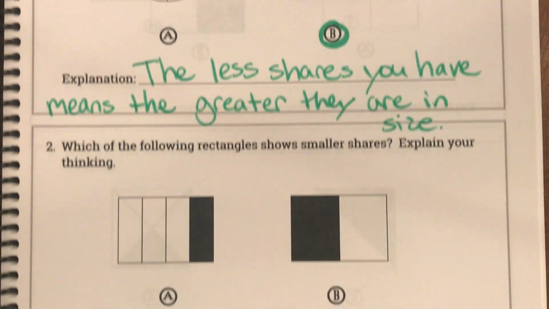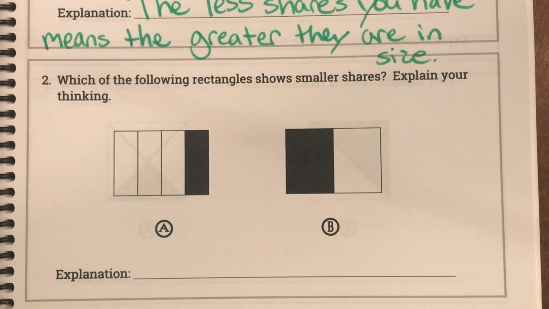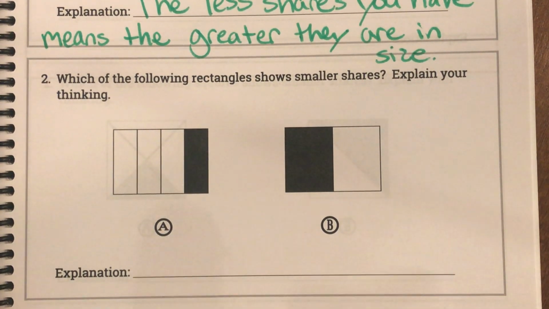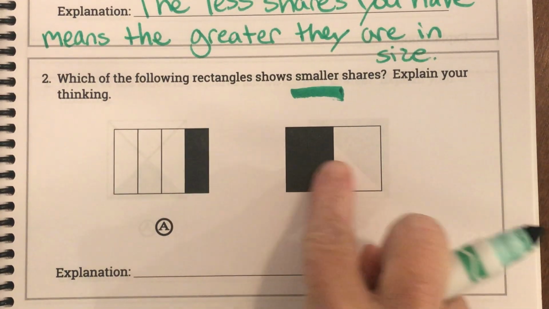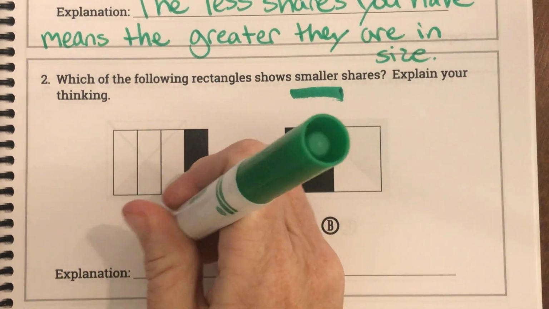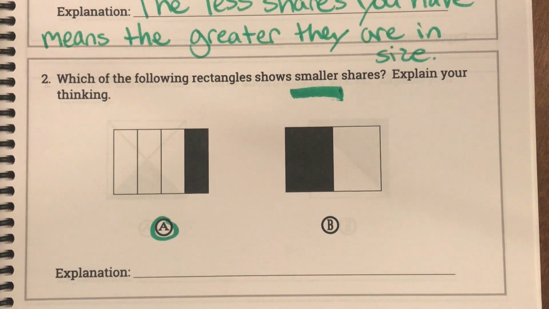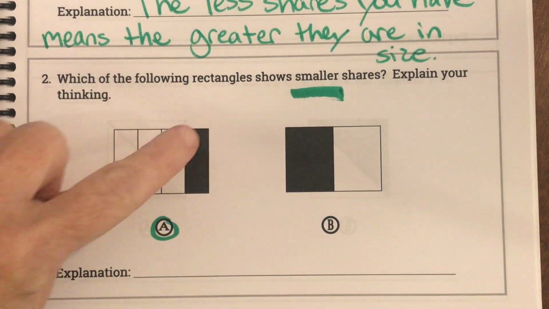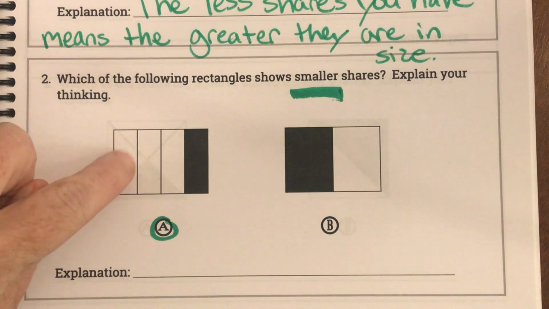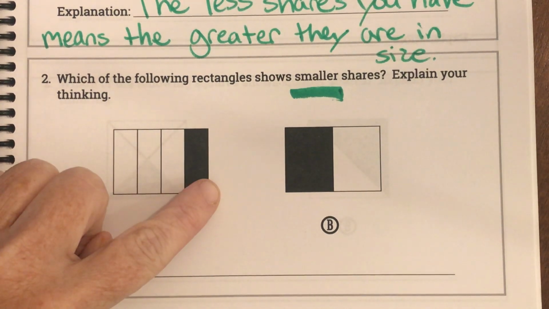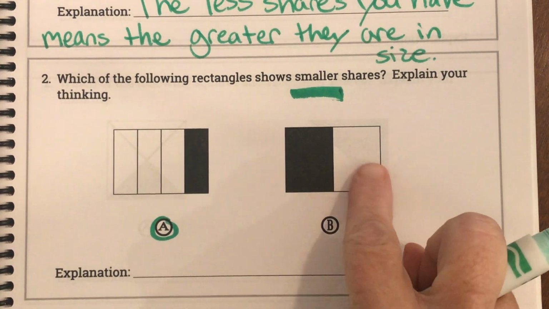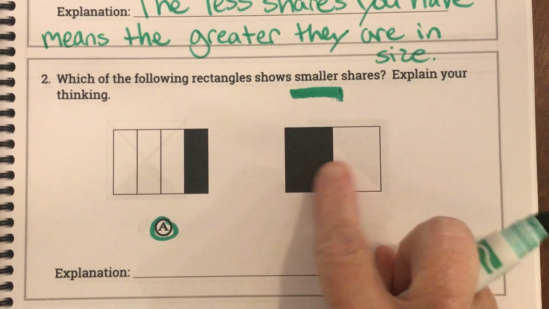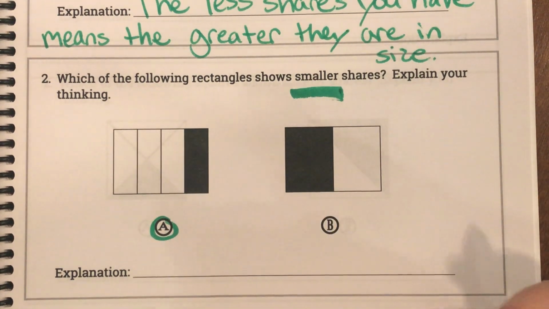Okay, let's look at the second one. Which of the following rectangles shows smaller shares? Explain your thinking. Which share is smaller, this one or this one? Hopefully you see that the fourths is smaller. Let's think about why. I had to share this cake with 1, 2, 3, 4 people, so they're going to get a smaller size piece. Here there are only 2 people sharing it, so they're going to get larger pieces.